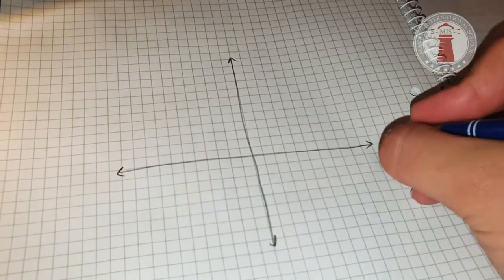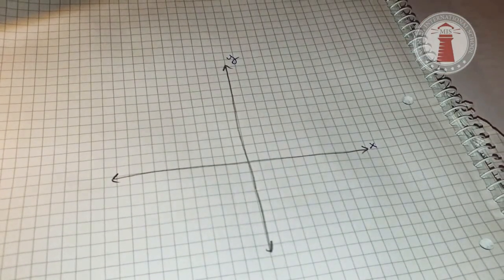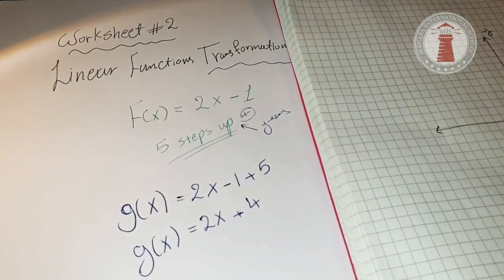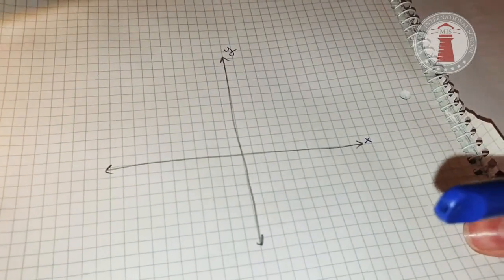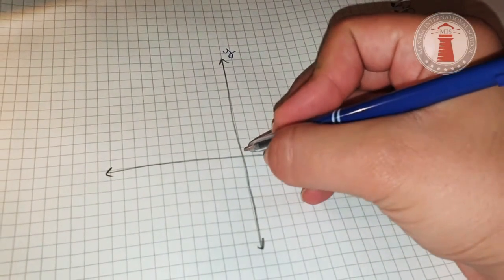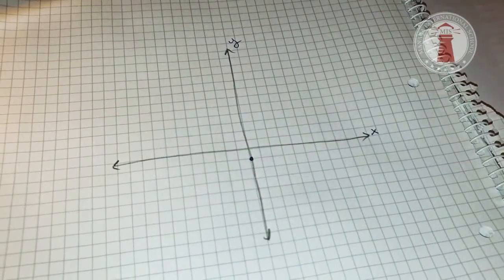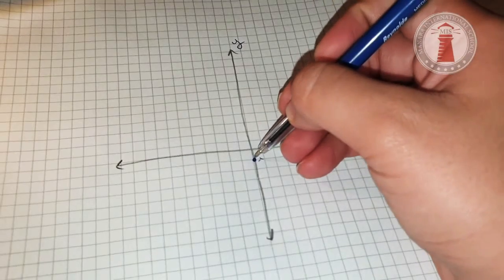These are our coordinates, x and y coordinates. Okay, our original line is f of x equals 2x minus 1, which means the y-intercept is -1, which is right here, and then the slope is 2, which means we're going to move, it's 2.